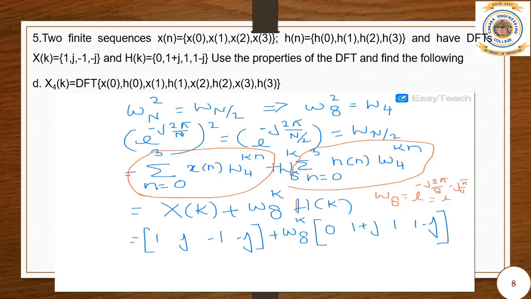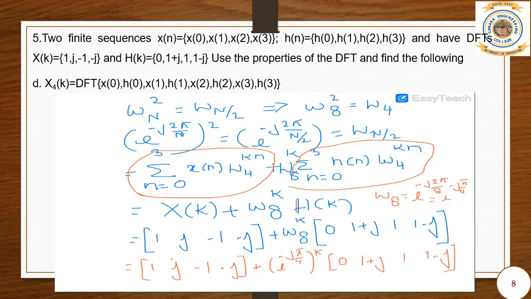So I need to write this as 1, j, minus 1, minus j, plus e to the power minus j pi by 4 to the power k, times 0, 1 plus j, 1, 1 minus j.